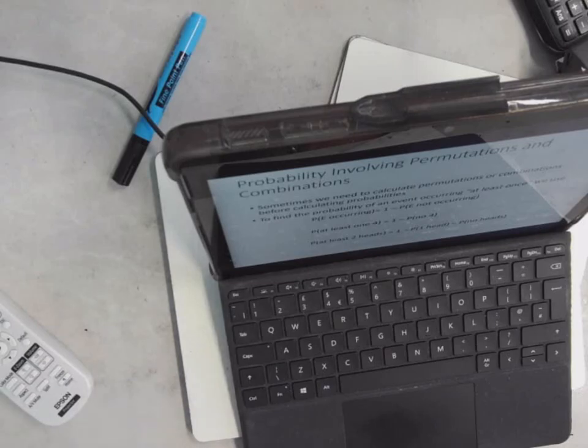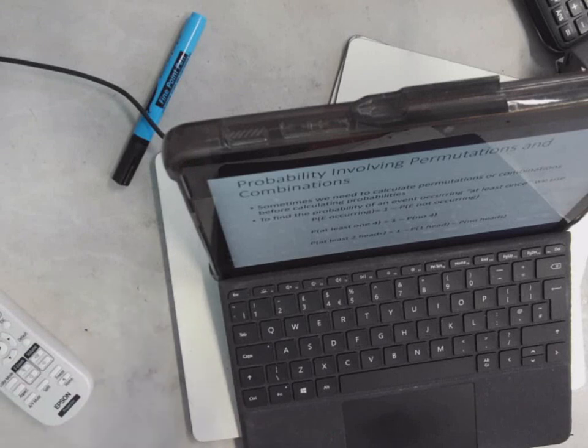Combinations were selections, like selecting a committee from 11 people, a committee that has 2 girls and 3 boys. So we're going to combine our permutations and combinations from the start of the chapter with our probability.